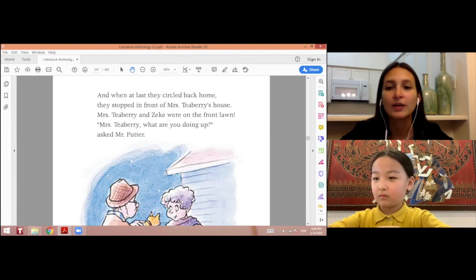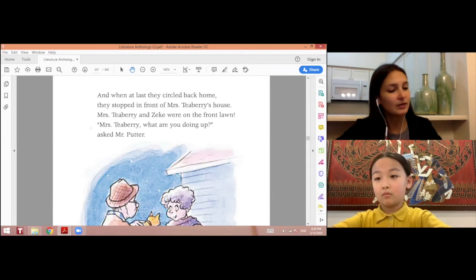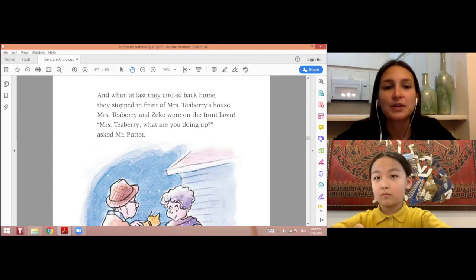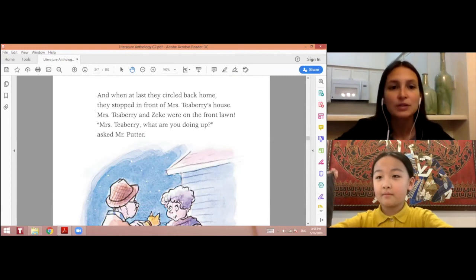Okay. So I'm going to read first, Alita, okay? And then you read after me, okay? All right. I'm going to read from this sentence here.